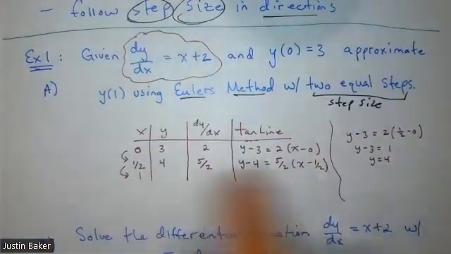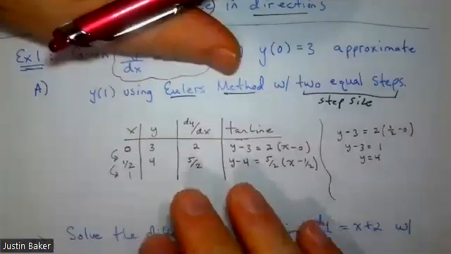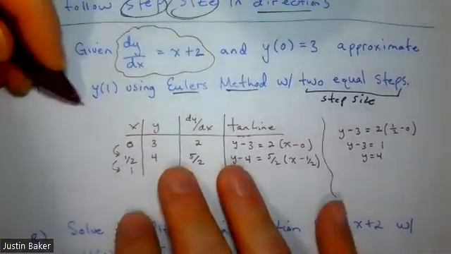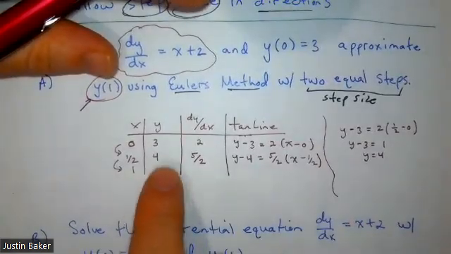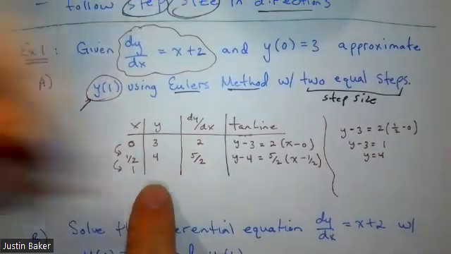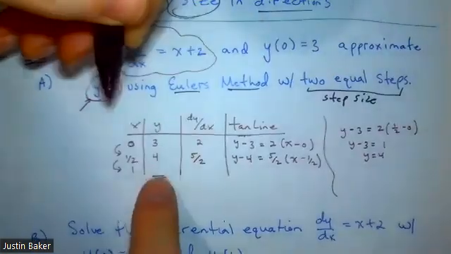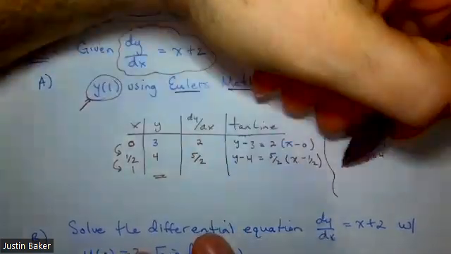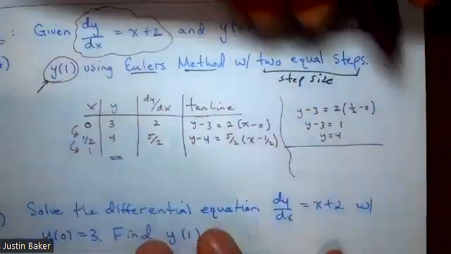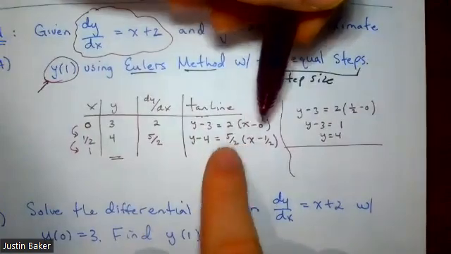Now I'm going to take my 1 and keep going, but don't forget what we're looking for. We are looking for y of 1, right? So in other words, once I get this value right here, that's the answer we're looking for. So we're just going to do this one more time. And when I plug in 1, where do I plug into? The previous tangent line.